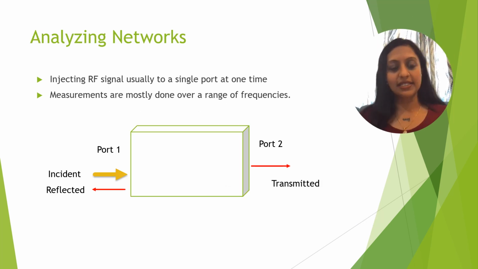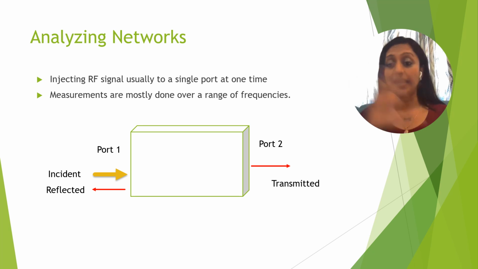To analyze these networks, in the diagram you see a simple network which has two ports. For our discussion today, we will keep the network to a two-port system. Having these two ports, we usually inject or pass the RF signal to one port at a time, so let's consider that also.